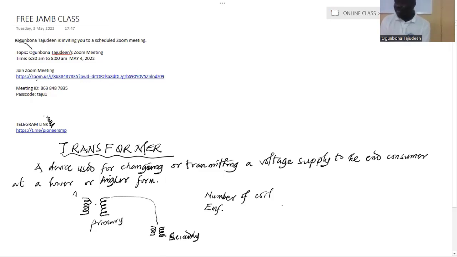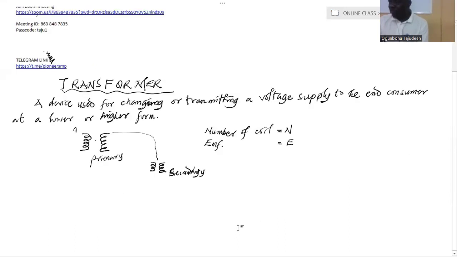So in this case, we have number of coils N, here is E. If we now say that we have the two, what do we do here?